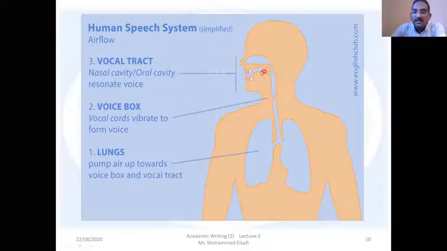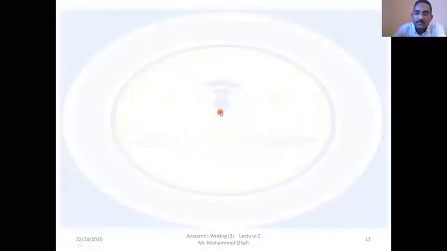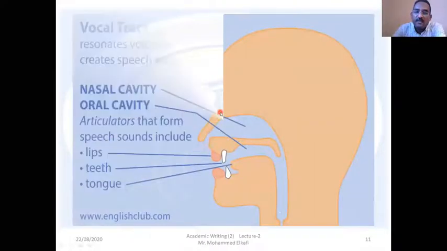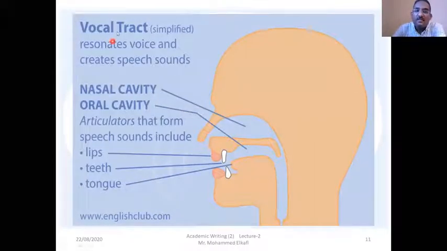And the vocal tract, which includes the nasal cavity and the oral cavity, resonates the voice and creates speech sounds.